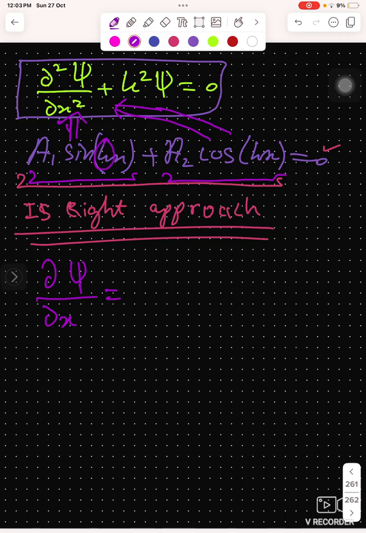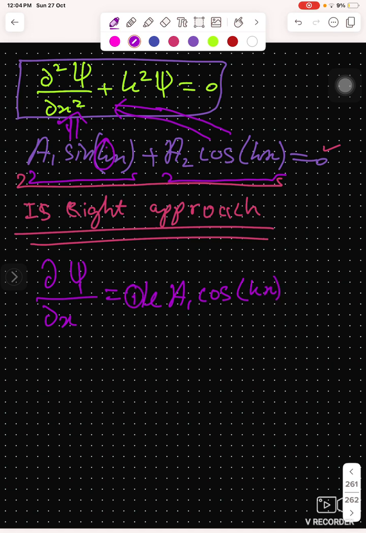The k comes outside, and the derivative of sine is cos, so the first term becomes k a1 cos kx.